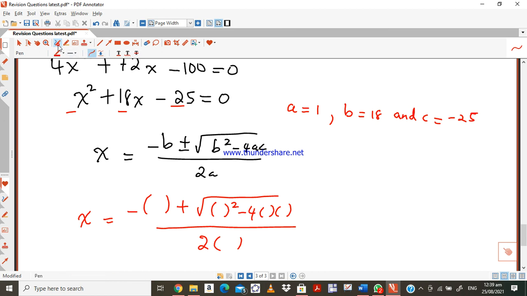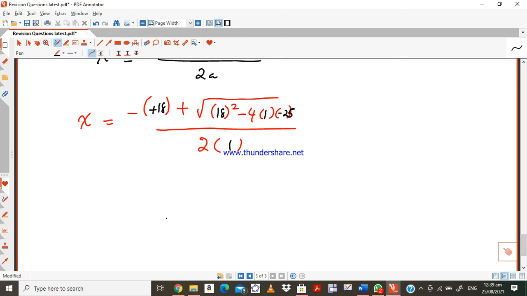You must just be a bit careful here whenever you are dealing with the signs. So that's positive 18 rather. So that's going to be 18 there as well. So a is 1, and our value of c is nothing but negative 25. You can go ahead and play with that. You should eventually arrive at 424 under the square root.